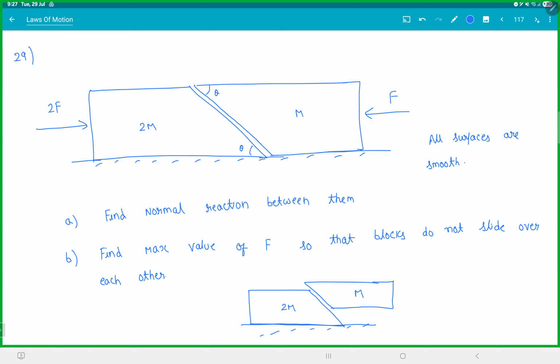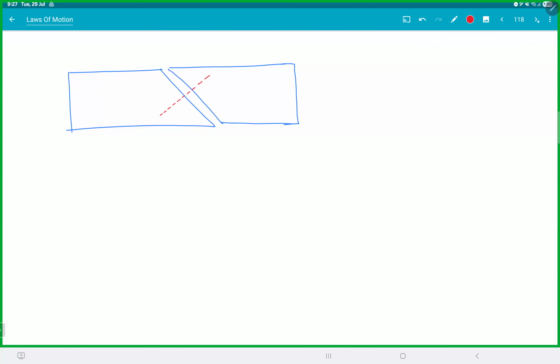Let's see the FBD. So when you draw this, how is the normal reaction? Remember, normal reaction will be perpendicular to the surface. So N should be in this direction, everyone. This is your normal.